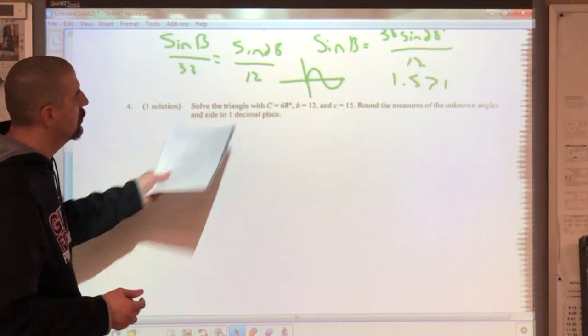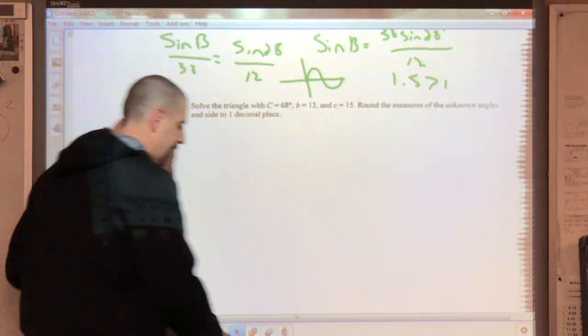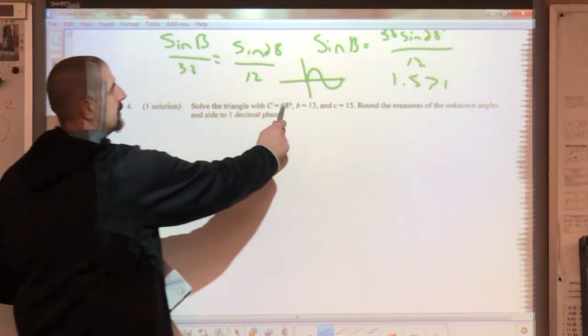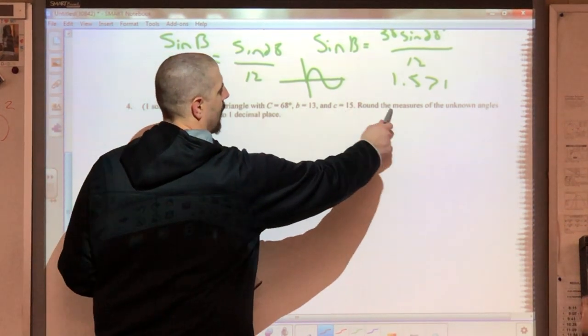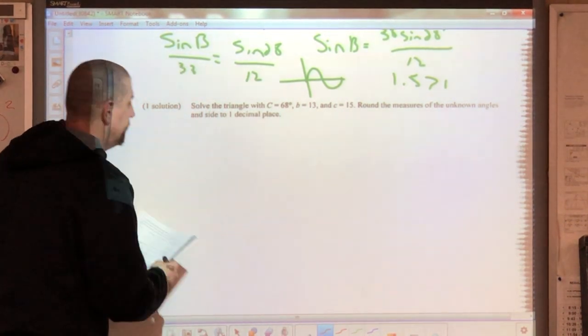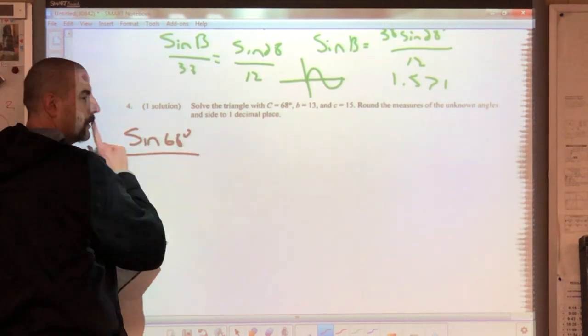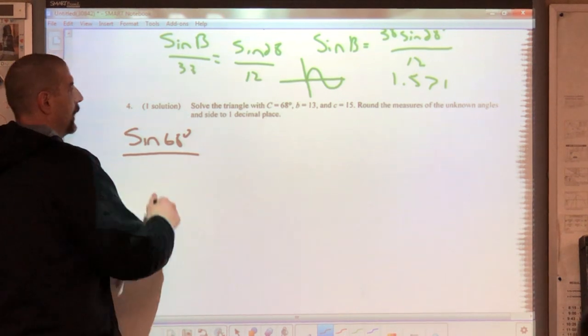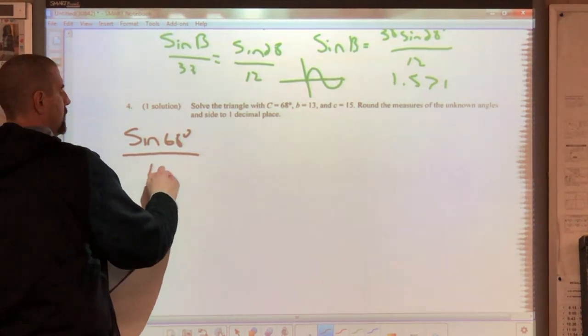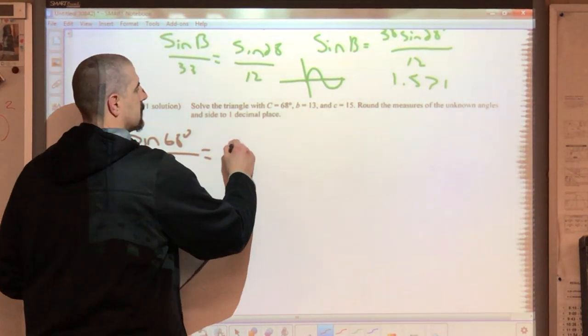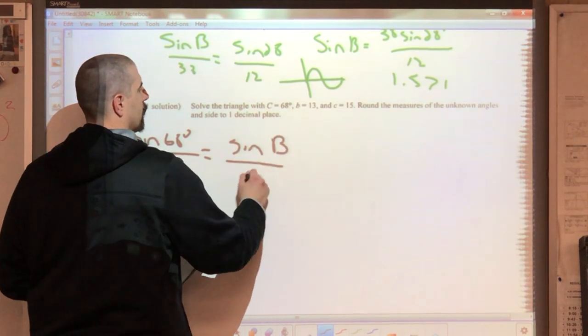All right, so now we're going to do this one. Solve the triangle. C is 68, B is 13, C is 15, round measures. So again, we have sine 68 over 15 equals sine of B over 13.